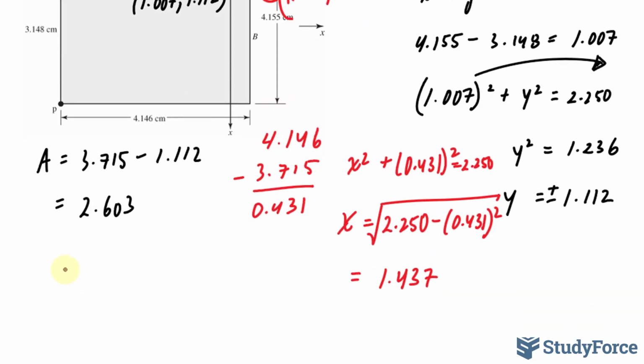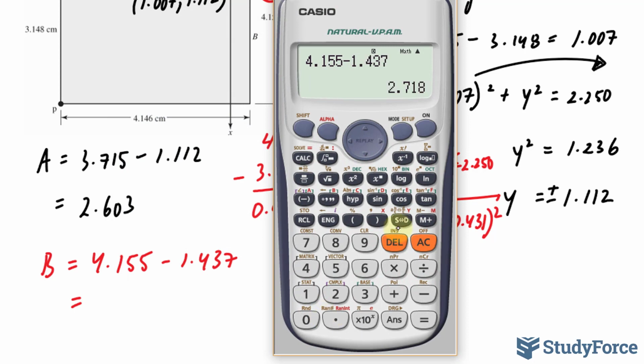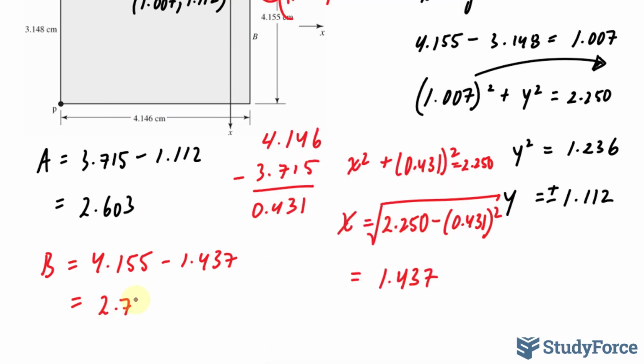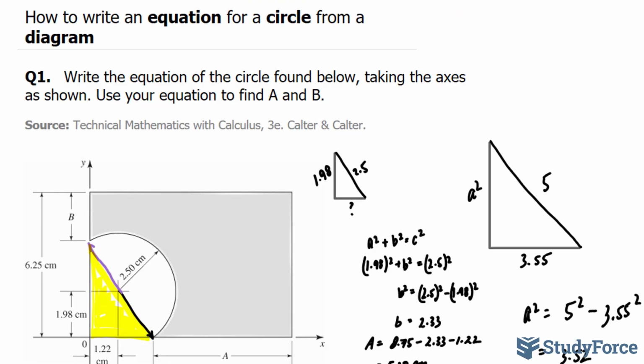Let's go ahead and do that. b is equal to 4.155 minus 1.437, using our calculator one last time, gives us 2.718 centimeters. And that represents the distance from here to here. And there you have it. 2 examples on how to write an equation for a circle from a diagram.